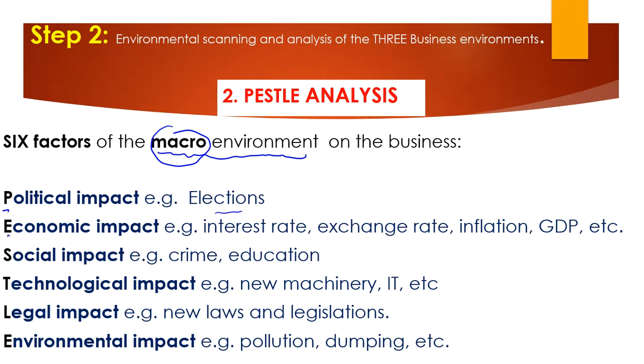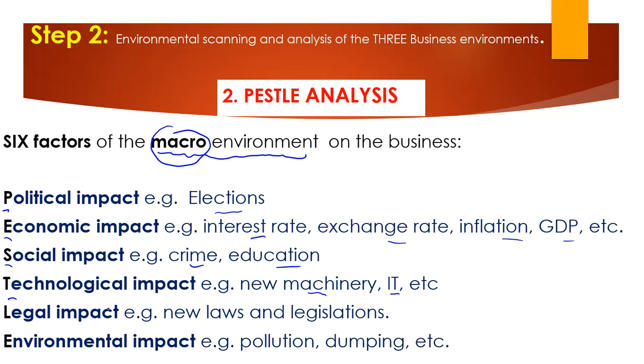The E in PESTLE is for economic impact, and we look at things like interest rates, exchange rates, inflation, GDP, and so forth. The S in PESTLE is for social impact, things like crime or education. The T in PESTLE is for technological impacts, such as new machines or IT.